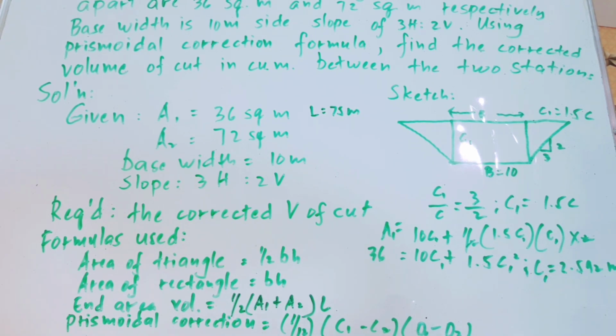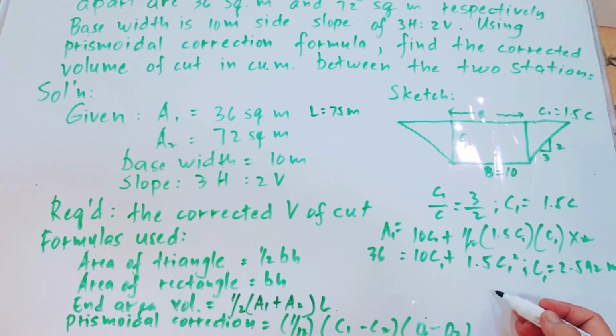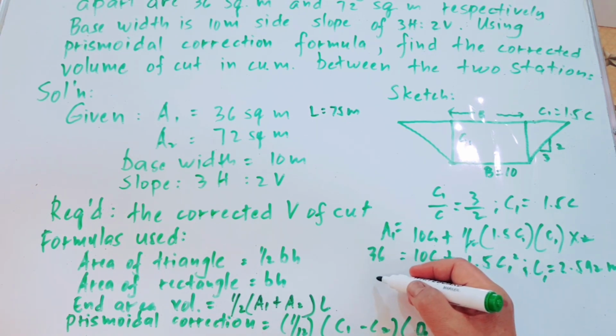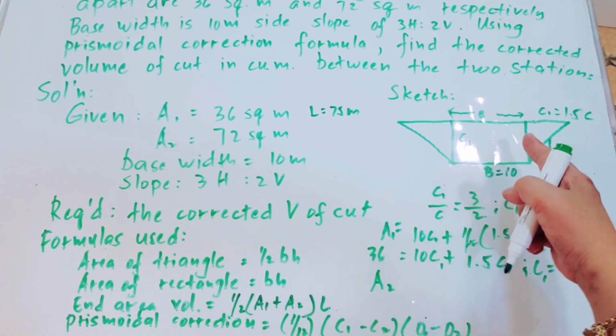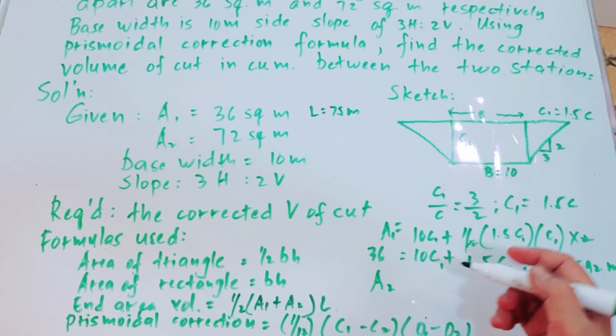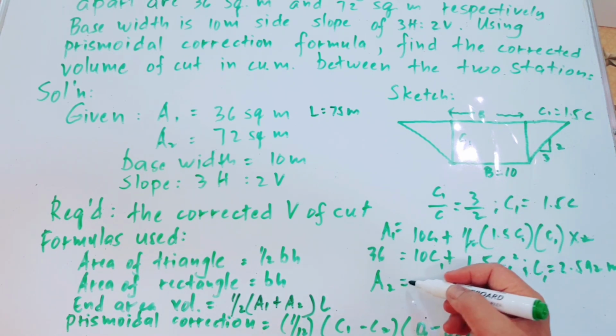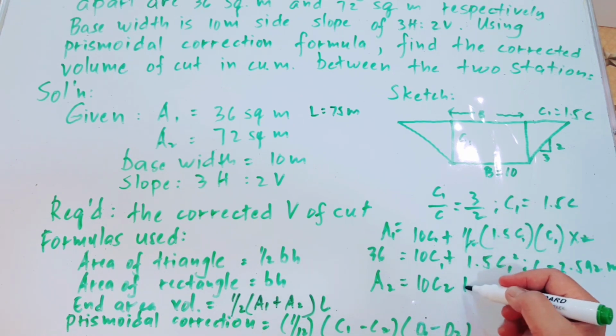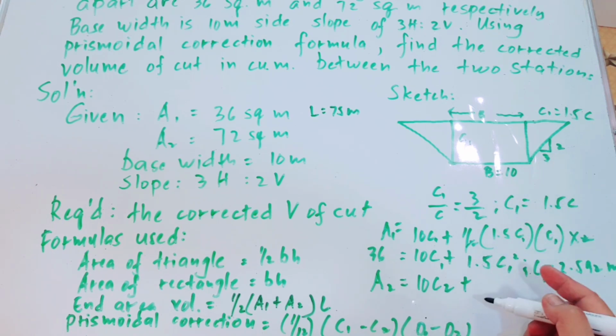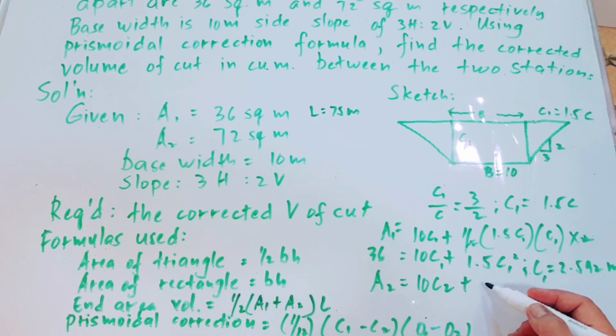Now to solve A2, we also have to solve C2 from the second section. The other section is the same but the areas are different. So area 2 is equal to 10 times C2 plus 1/2 times 1.5 C2 times C2, which is 1.5 C2 squared.